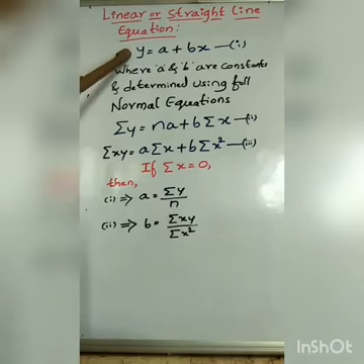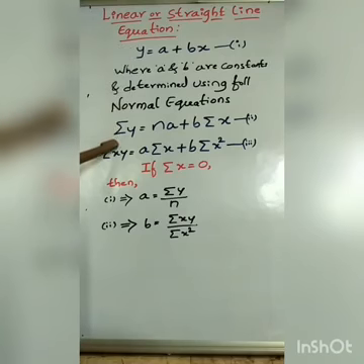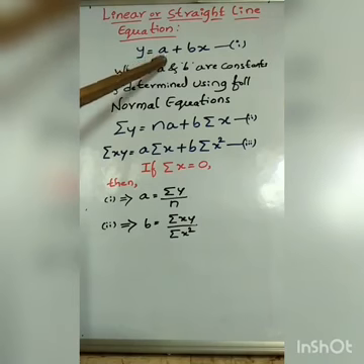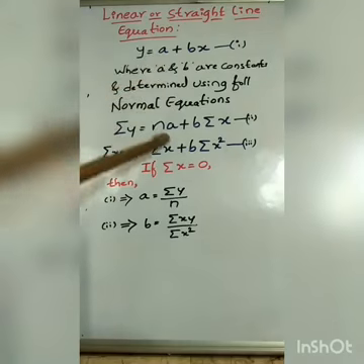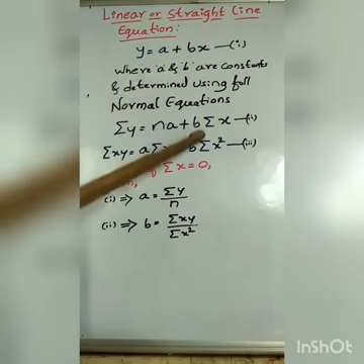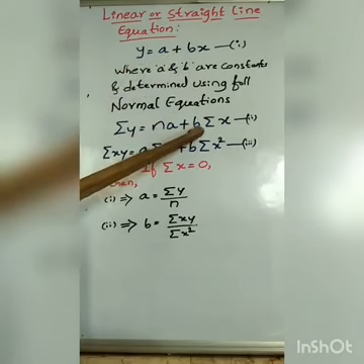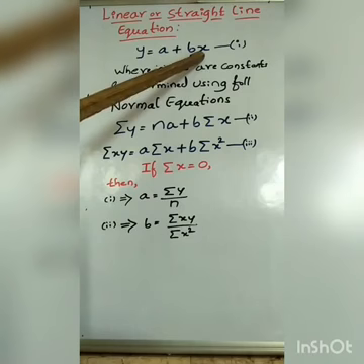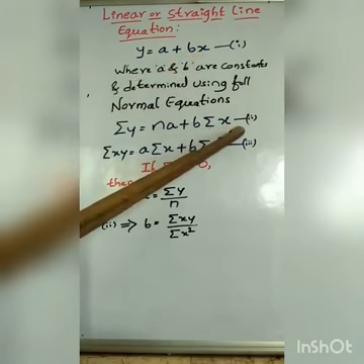So observe once again properly. After applying sum, what will become? Summation of y, and then summation of a particular constant, only constant when it is there, n times that particular constant it will be, so that na plus b as it is, because it is constant we have kept it outside and variable is there, this has been written under summation of x.